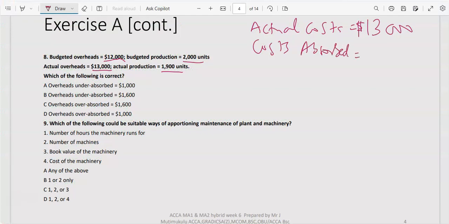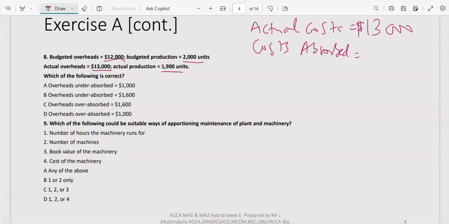The term absorb simply means that these were the costs considered in the budget. The costs which were considered by the budget.